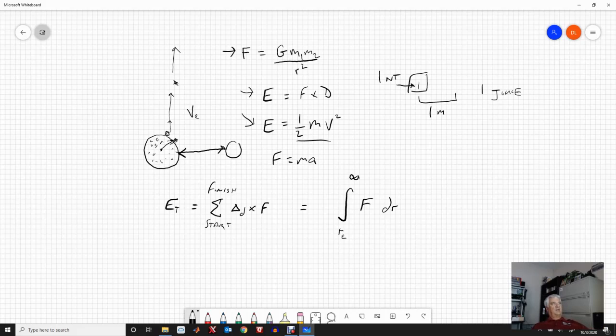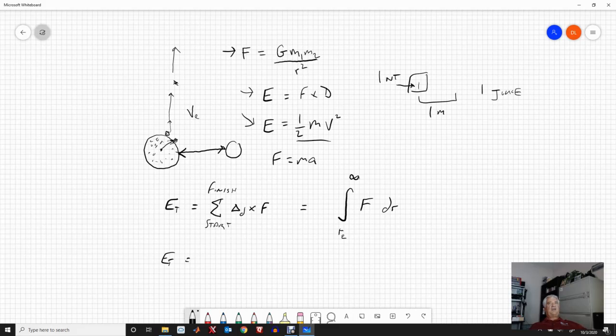Okay, so now we can replace this F with the equation. Before I put F here, replacing it with the F up here, I'm going to do a little magic.